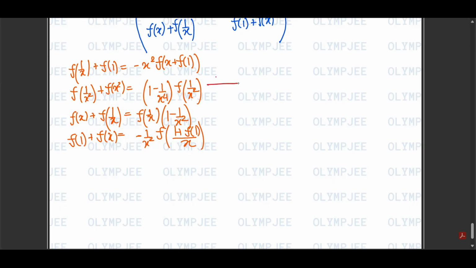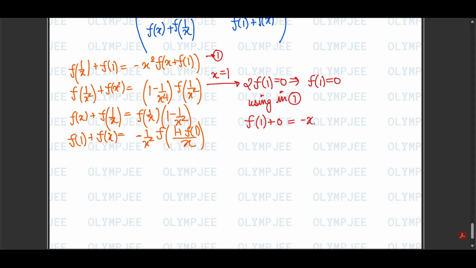So if we put x is equal to 1 here, then we can see that this bracket will be equal to 0. So we will get that 2 of f of 1 is equal to 0, which will give us that f of 1 is equal to 0, and assume this is 1. Using this in 1, we will get that f of 1 plus 0 is equal to minus x square.